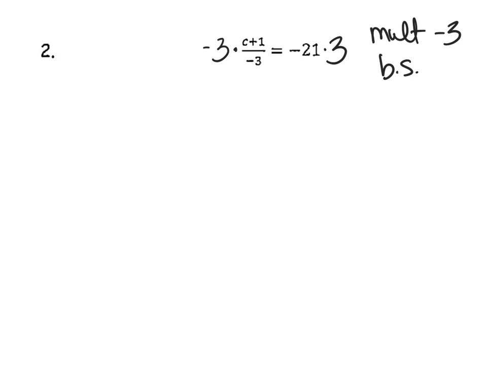On the left there, it will cancel. And then I have only, on the left side, c plus 1. And then what do you guys get for -21 times -3? 63. Positive or negative? Positive. Oh, look what I didn't do.